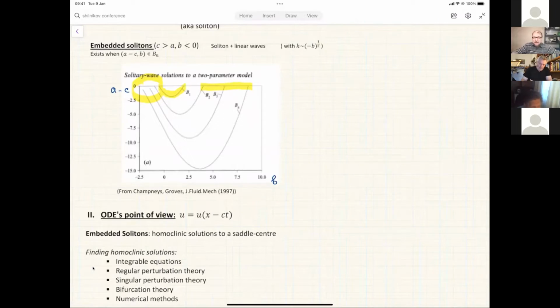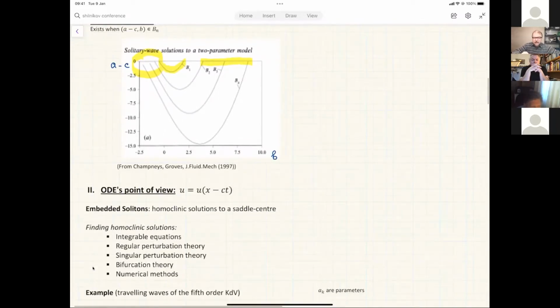In some cases, regular perturbation theory is not applicable and singular perturbation theory has to be applied. And we will discuss this point of view a bit later in this talk. And finally, there are solitons which may appear in bifurcations. And at the end, if the equation doesn't look like something which we can solve, numerical methods can always be used.